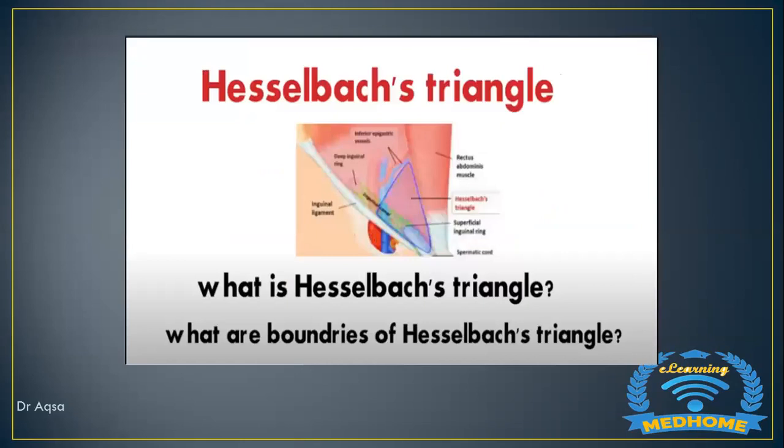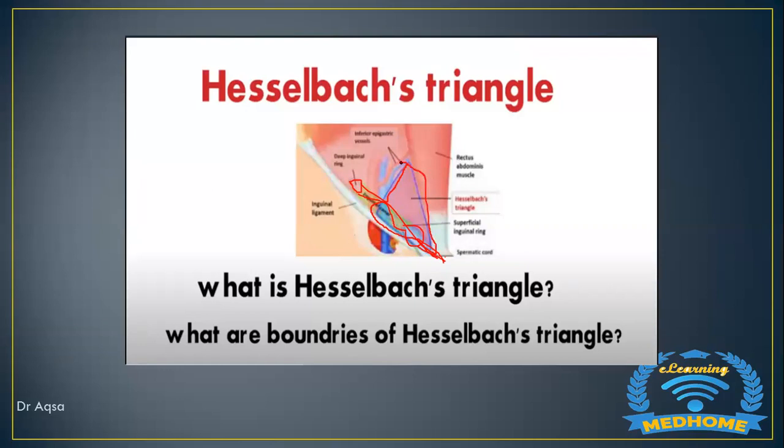Now we have Hesselbach's triangle. What is Hesselbach's triangle? It's a very clear and easy diagram to understand. This is the deep inguinal ring, and this is the superficial inguinal ring. The content is the spermatic cord that comes down through the inguinal canal, and the space in between is called the inguinal canal. The inguinal canal has a space known as Hesselbach's triangle.